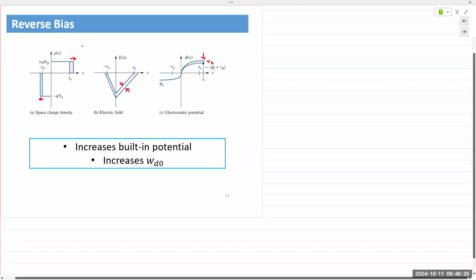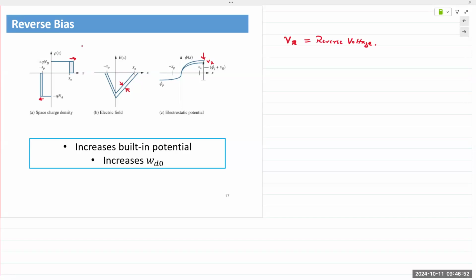And VR is simply the reverse voltage that is applied to the diode. So in reverse bias, the VR is added on top of the built-in potential, and the WD0, the depletion region width, increases.